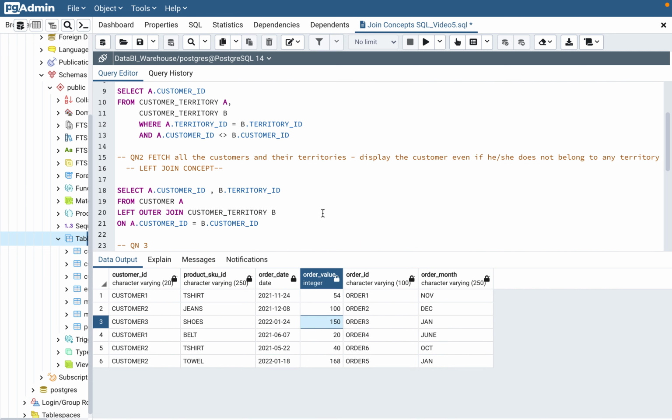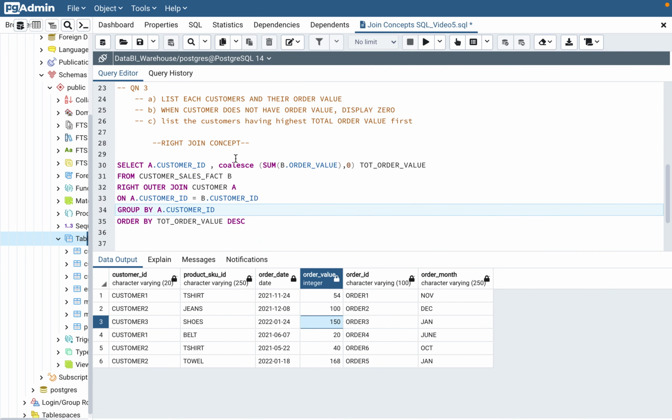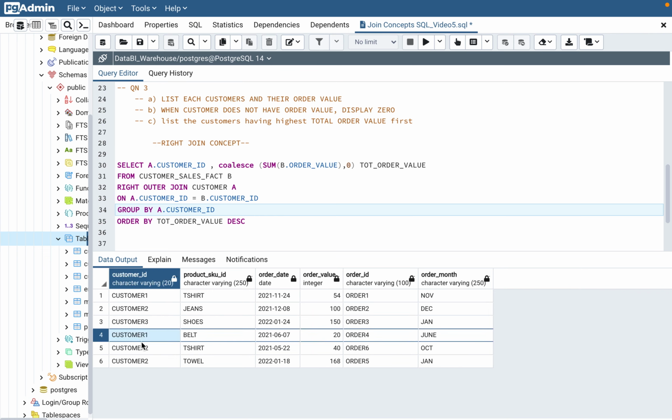Another thing they're asking is customer order value, list each customer. If you see this fact table, customer 1 has repetitive orders, and 2 has repetitive orders. So in that case you will have to use group by, because they want data by customer. You have to look at the data pattern also.